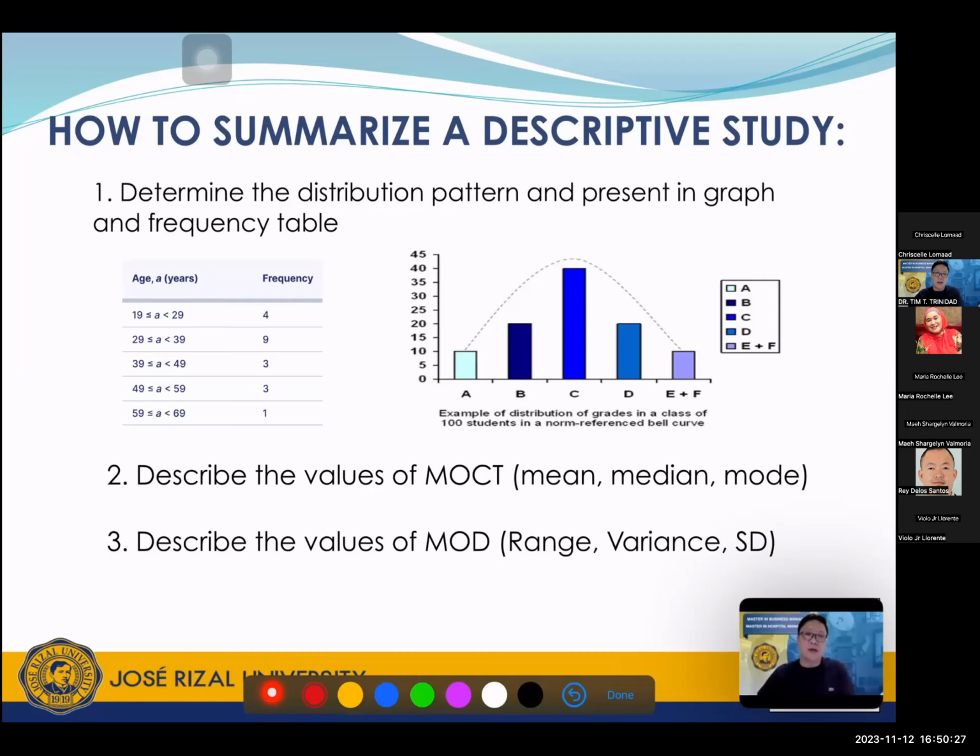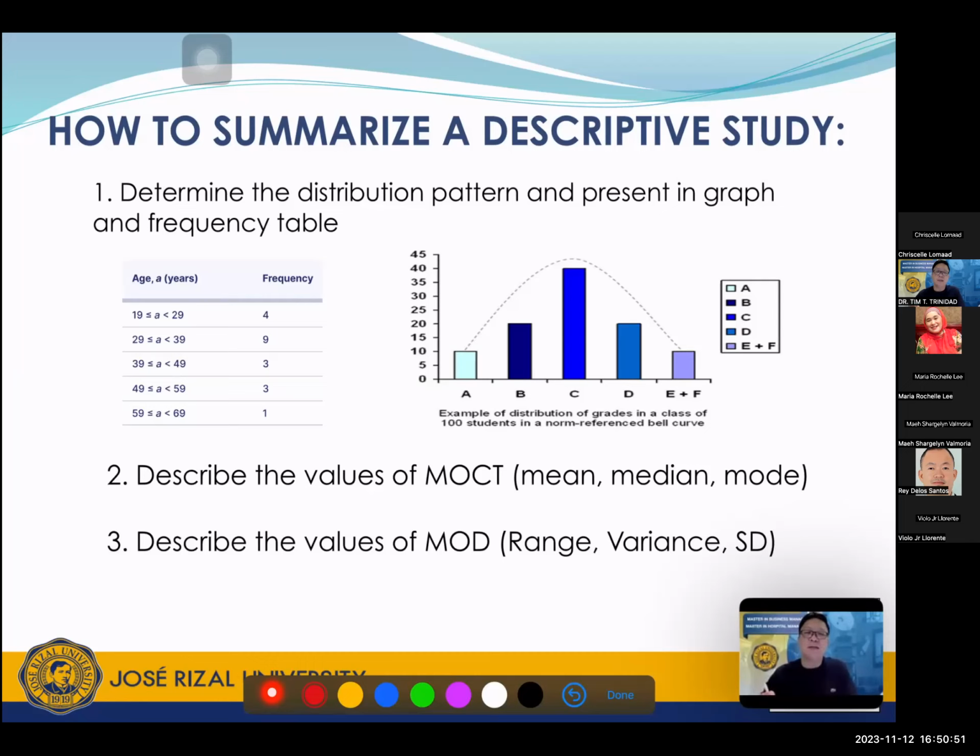Okay. So again, when you are asked to make a descriptive statistics about your data, what will be the factors that you're going to report or describe as part of your descriptive statistics?